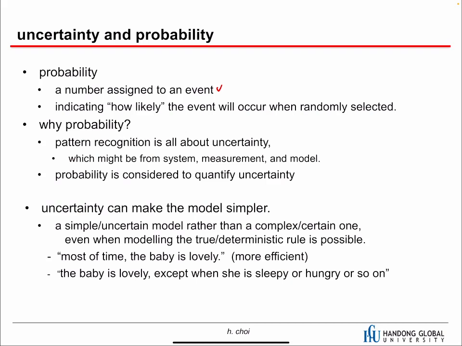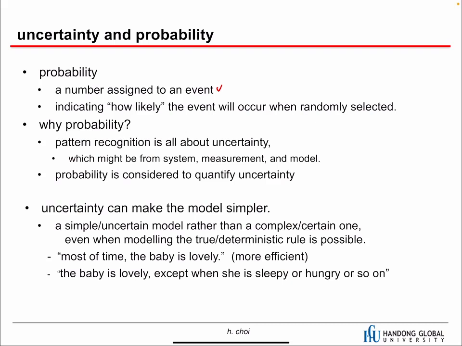Because pattern recognition is all about uncertainty. And this uncertainty might be from the system or from the measurement, or it could be from the model itself. And probability is considered to quantify uncertainty. So basically, when we talk about probability, it implies that there is uncertainty.